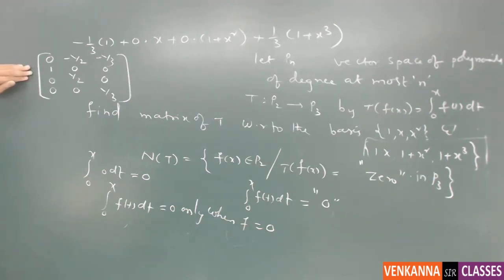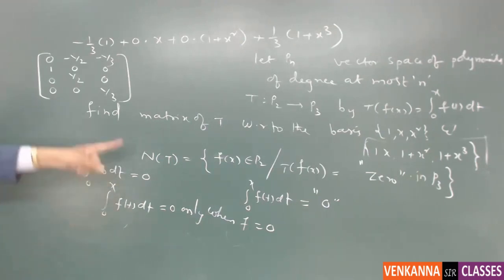So from this, you cannot say whether the function is invertible or not. Since it is not a square matrix, we can say that the transformation is not invertible. And for calculation of the null space, we go with the definition. Simply write the definition of null space and check for what values in the domain you are getting 0 as output.